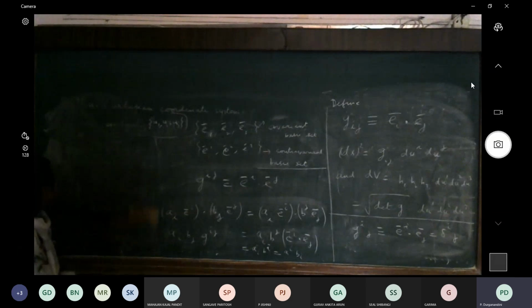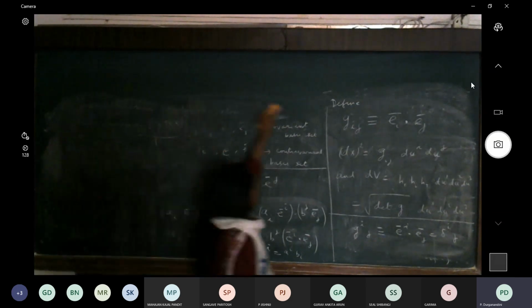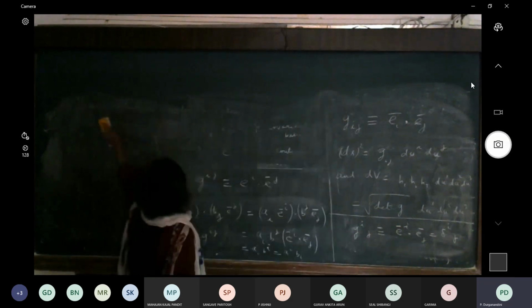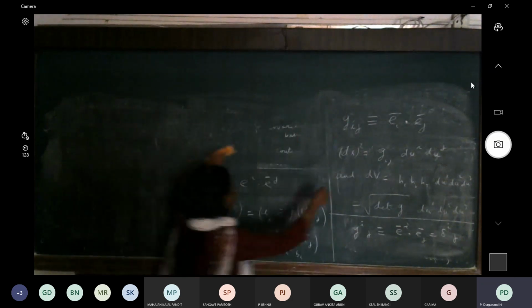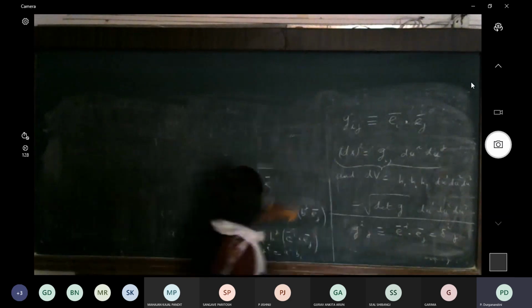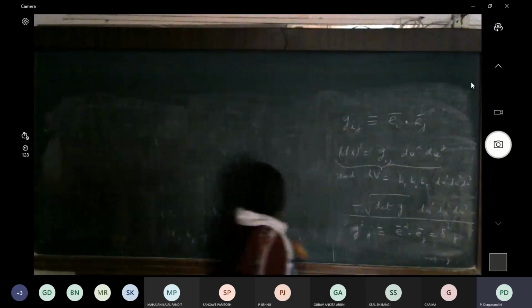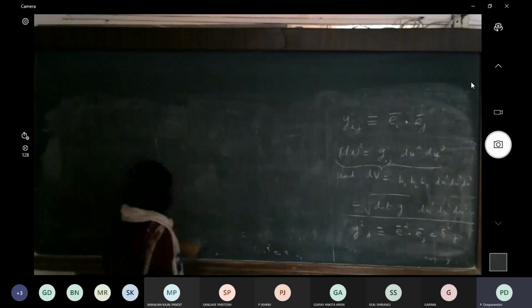We have not shown this, but we will show that this is a second rank tensor. And this particular tensor is called a metric tensor. Metric means it's measuring. And from this definition, basically it measures the distance, and it also gives you an idea about the volume.